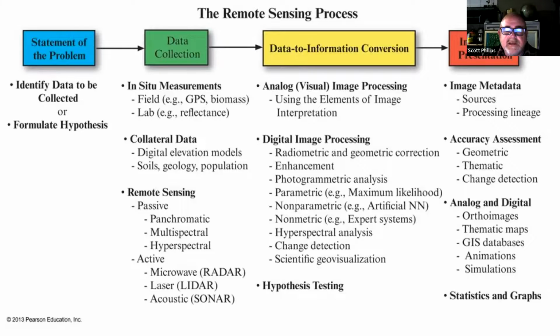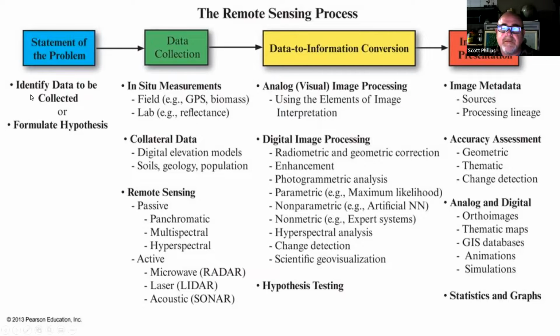And like GIS, the remote sensing process is something where you need to identify the problem, like a spatial question that we talked about earlier. You also have to do data collection both in the field and with the remote sensing, because you need a way of calibrating, adjusting it to actual conditions, and also to be able to check for errors.